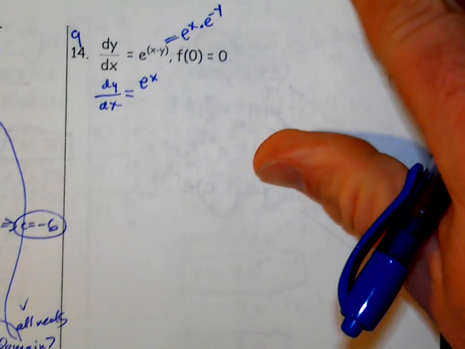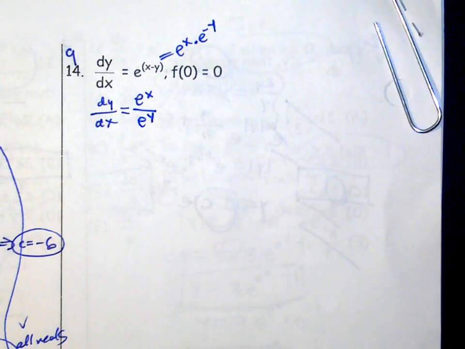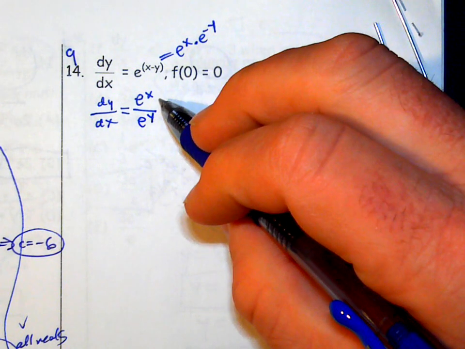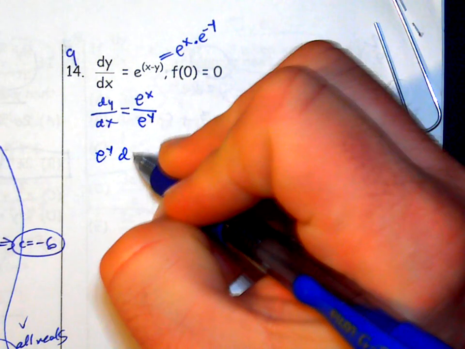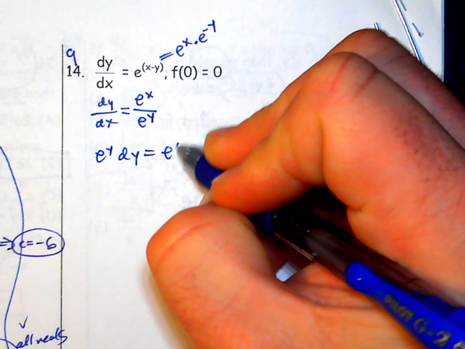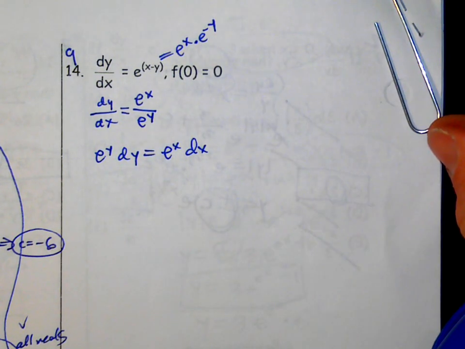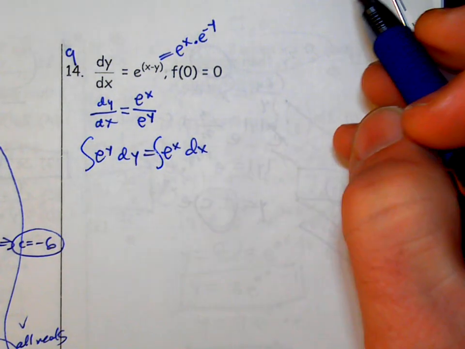Rules of exponents. And then you could write the e to the negative y as e to the y on the bottom. This is easier to figure out how to separate the variables now, because now I'm going to multiply e to the y to the left-hand side, the dx to the right-hand side. That little step right there, I would think a lot of people would not think of that right away.